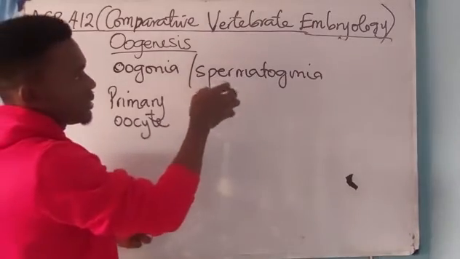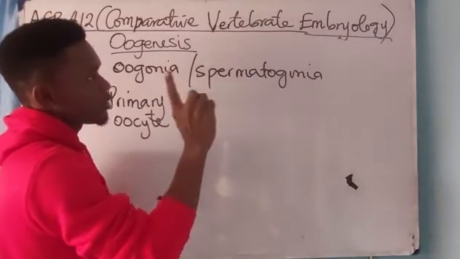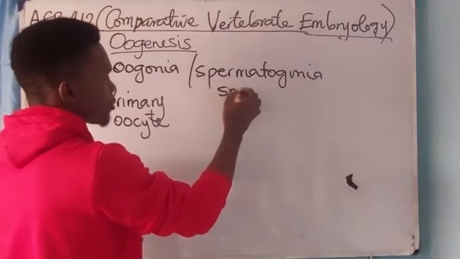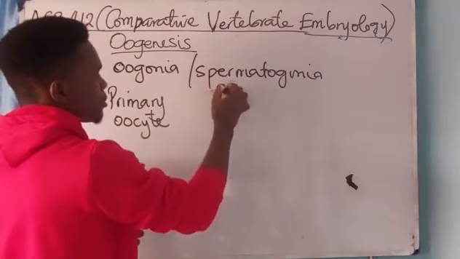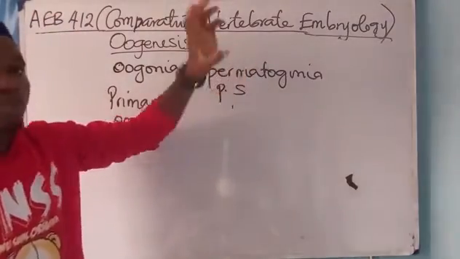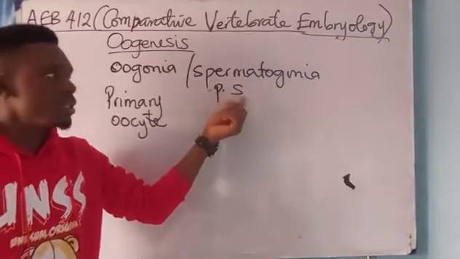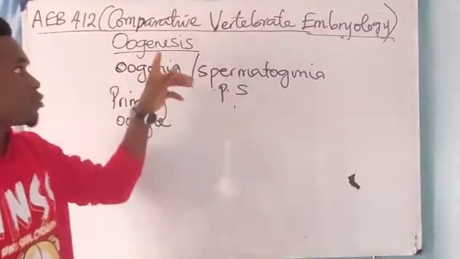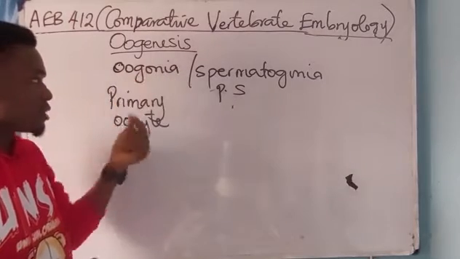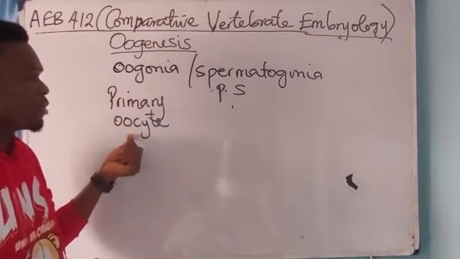But for the spermatogonia, each spermatogonium will increase in size to produce what is called a primary spermatocyte. You see, all of them will increase in size to produce a primary spermatocyte. But in oogenesis, only one oogonium will increase in size to produce a primary oocyte.